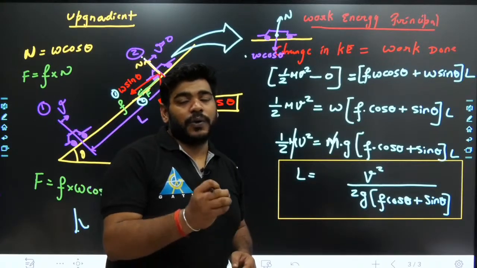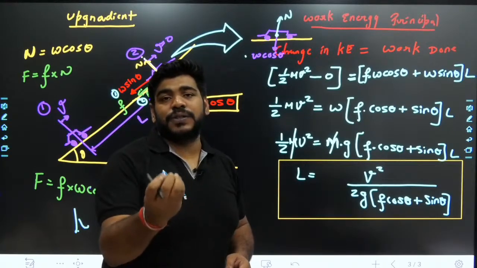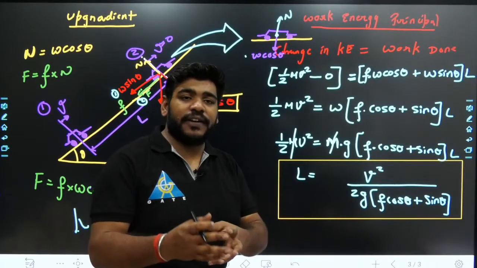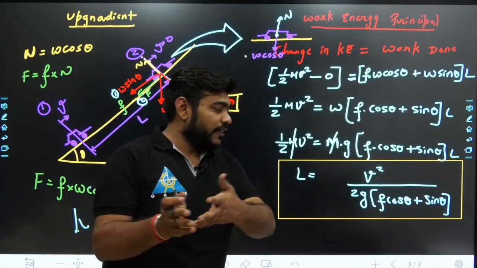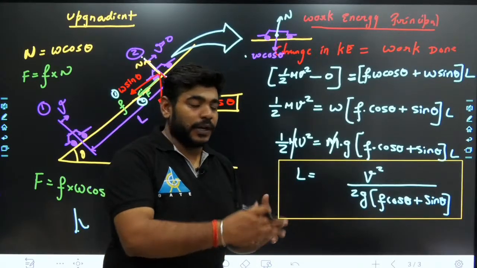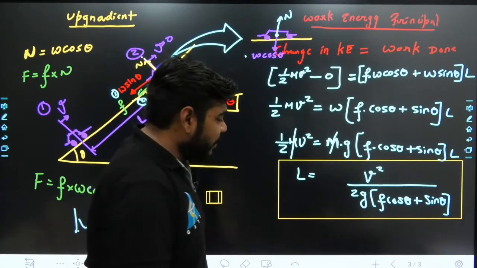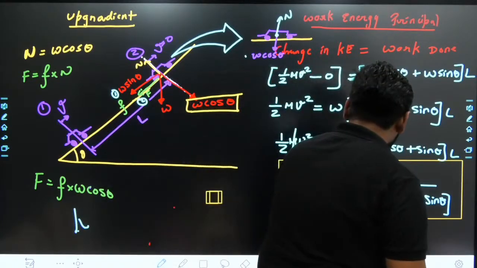So 60% is 0.6, so the tan theta value is 0.6. So it is quite small, and the value of theta is taken very small for this particular question. So the gradient will be very small.